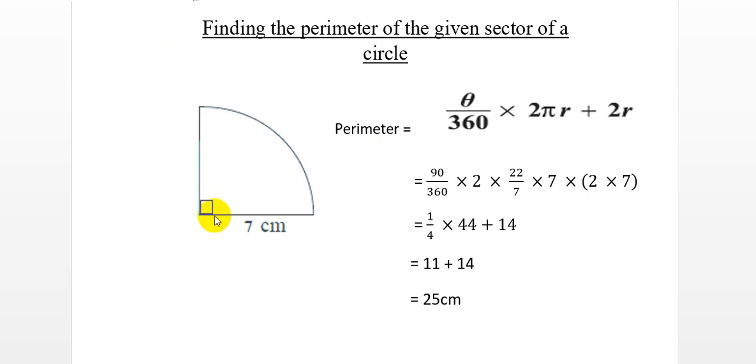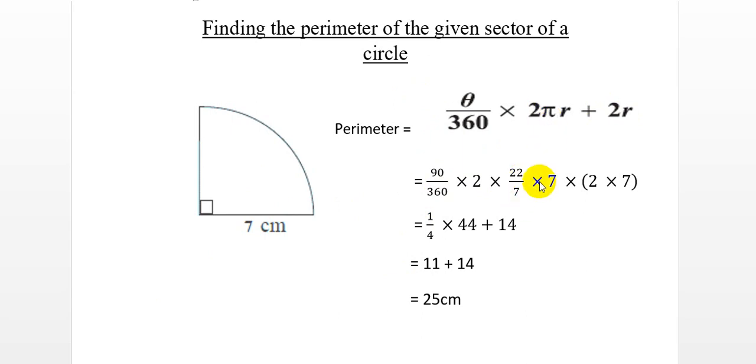So the equation of the perimeter of the sector of a circle is theta over 360 into 2 pi r plus 2r.